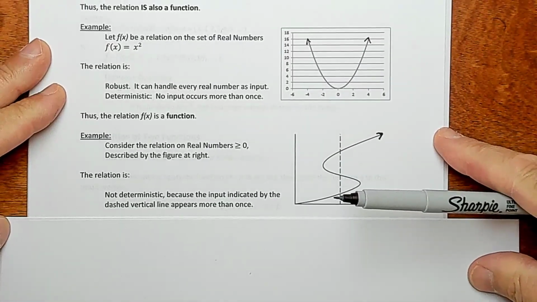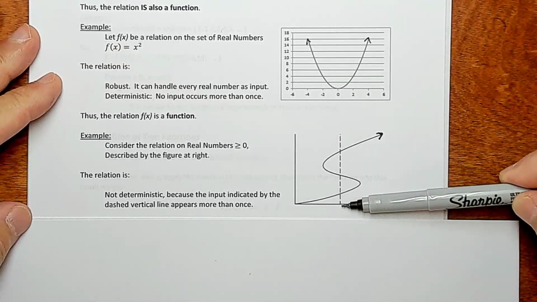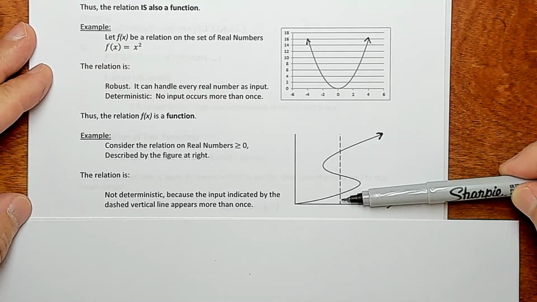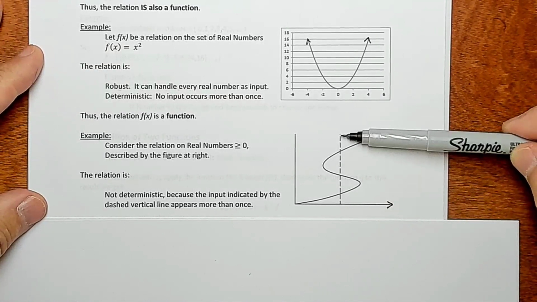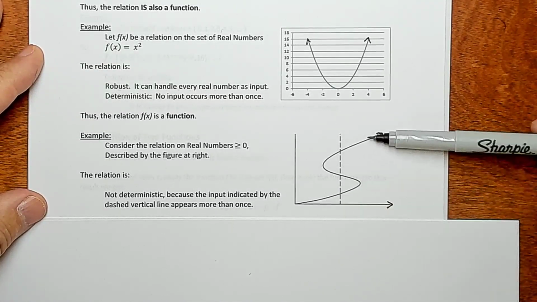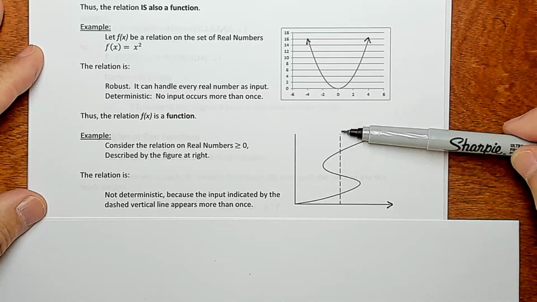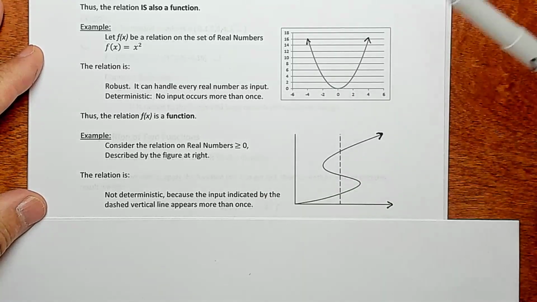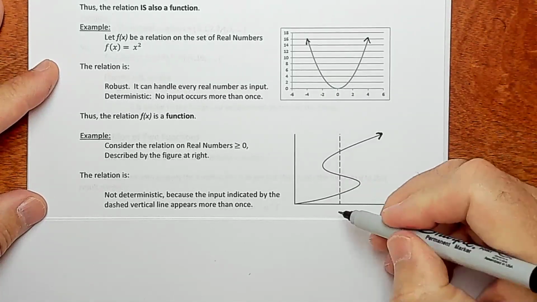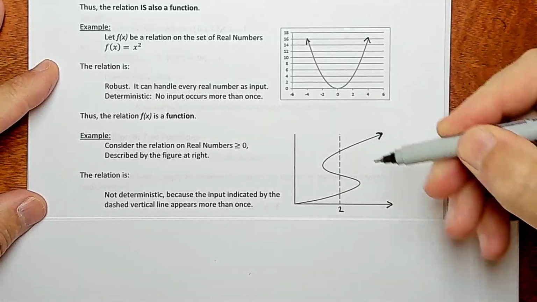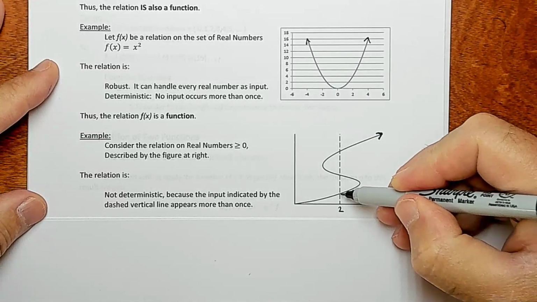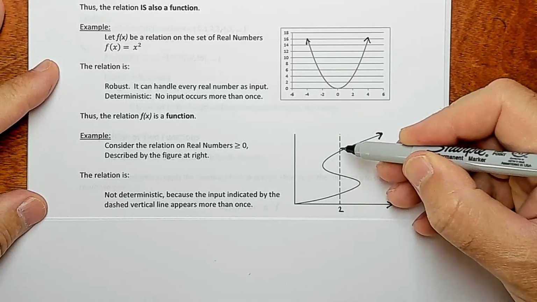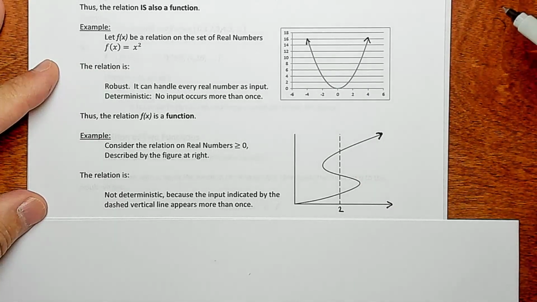This guy here is not a function. You may have seen in your analytic geometry classes that there's something called the vertical line test. If a function, or a curve rather, crosses the vertical line more than once, then it's not a function. That's because it's not deterministic. Right here, if this were 2, which I was talking about a second ago, sometimes I'd get this value, sometimes I'd get that value, sometimes I'd get that value. There's 3 possible values, so it's not deterministic.